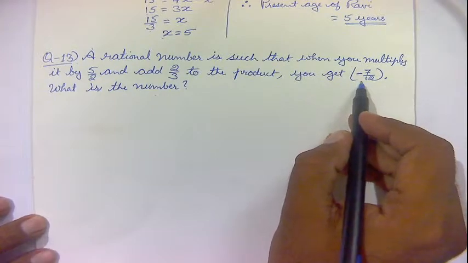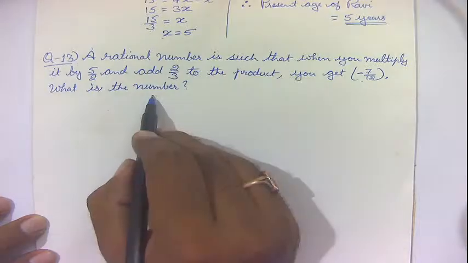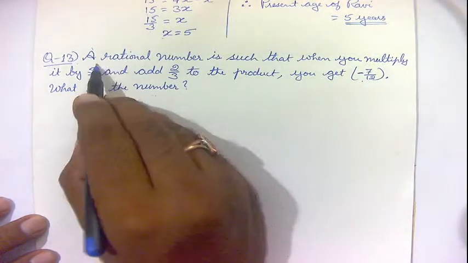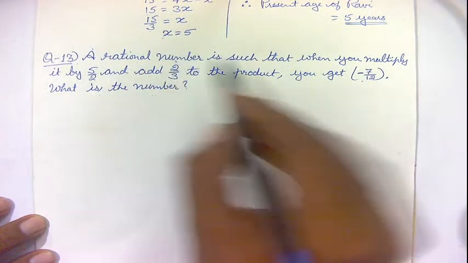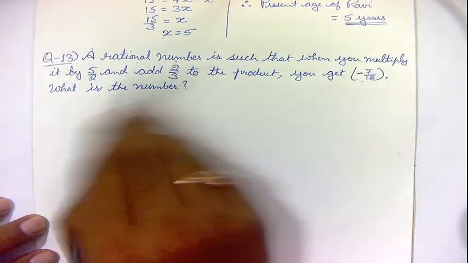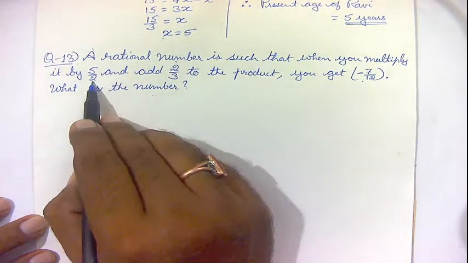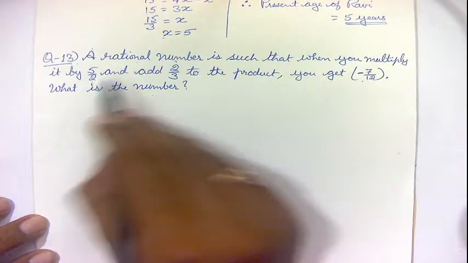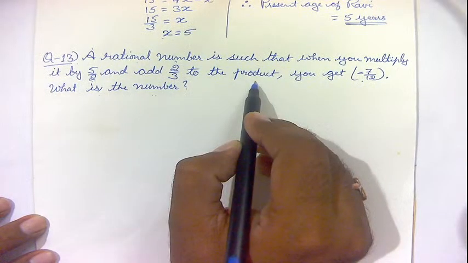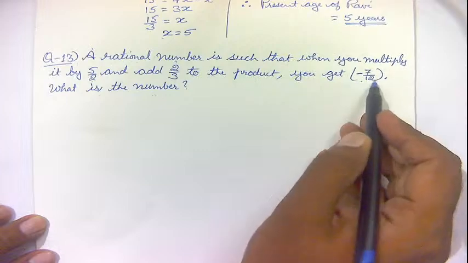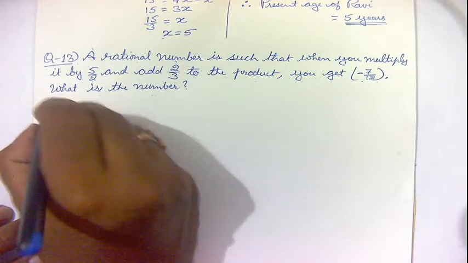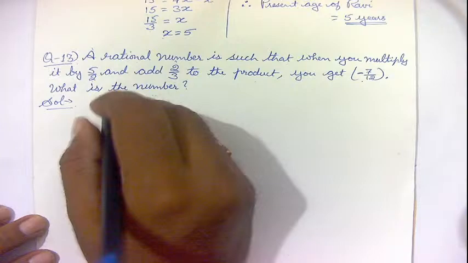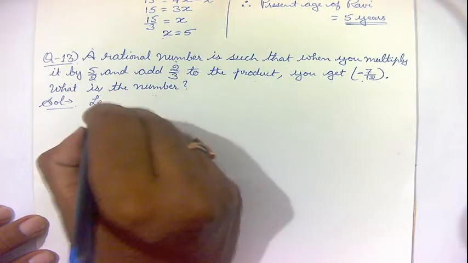So what is the number? So what we have here now? We have a rational number, and when this number is multiplied by 5 upon 2 and after multiplying, if you add 2 upon 3 to the product, you get minus 7 upon 12. So here you have to find the number.